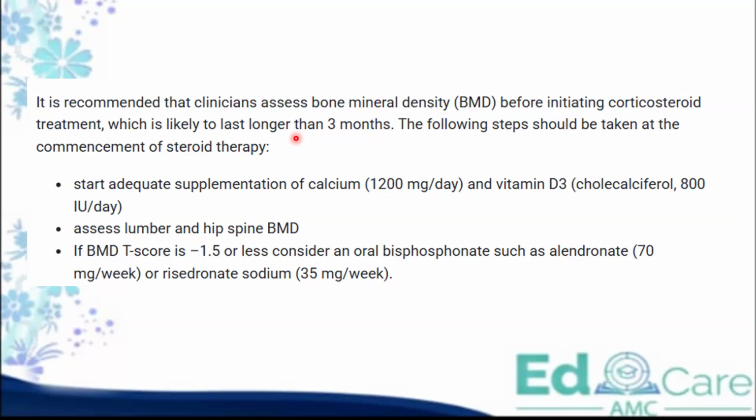So remember this particular slide, not only for polymyalgia rheumatica, but for any condition where they are going to start long-term steroids as a treatment. There have been stems like this: start them on calcium and vitamin D3 together with the steroids, or go for a bone T-score, right?